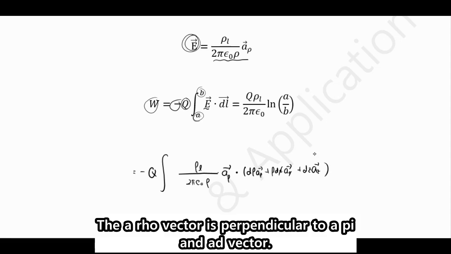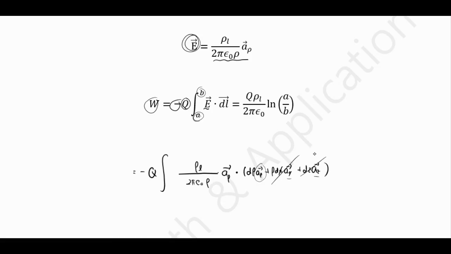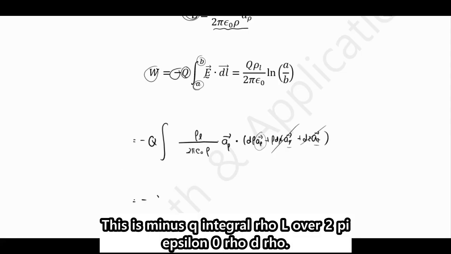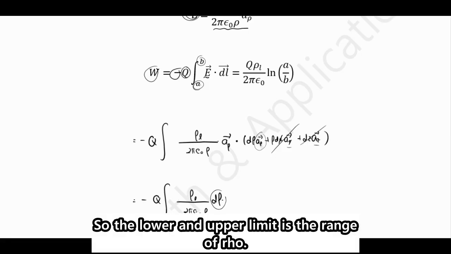The a_rho vector is perpendicular to a_phi and a_z vector, so this is 0. Only the a_rho component survives. This is minus q integral rho L over 2 pi epsilon 0 rho d rho. This integration is for rho, so the lower and upper limits are the range of rho.